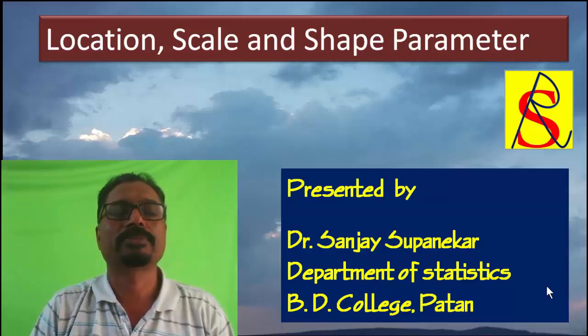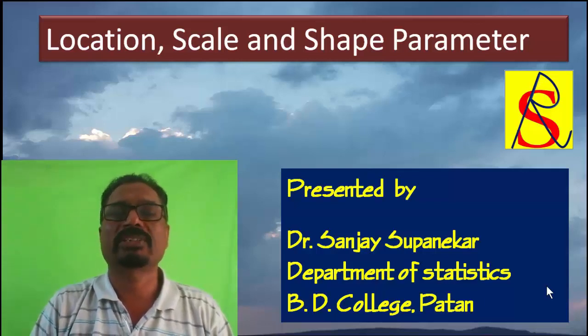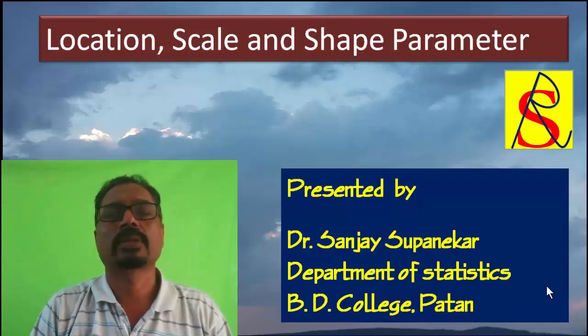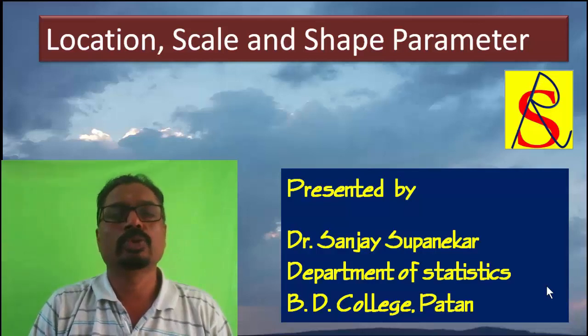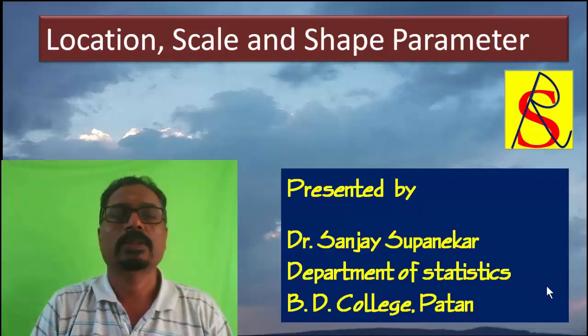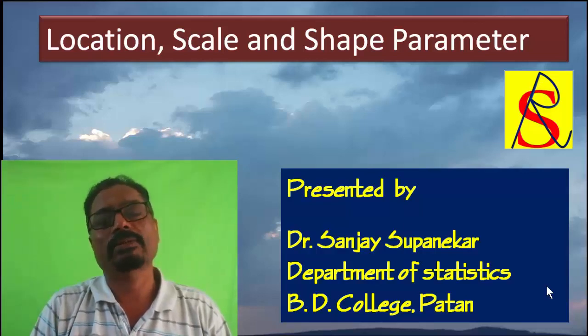Hello friends, today we will be discussing the types of statistical parameters. There are three types: location parameter, scale parameter and shape parameter. We use these parameters regularly, but some students do not understand the difference between them.